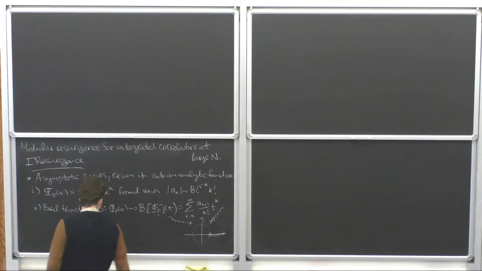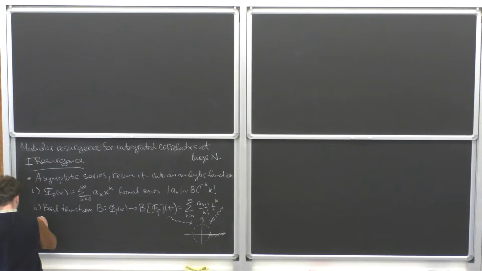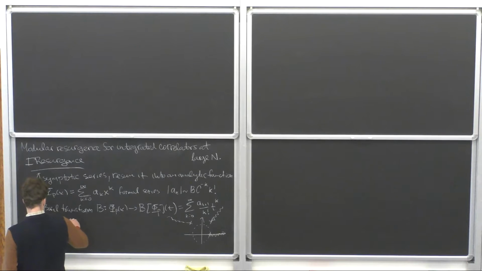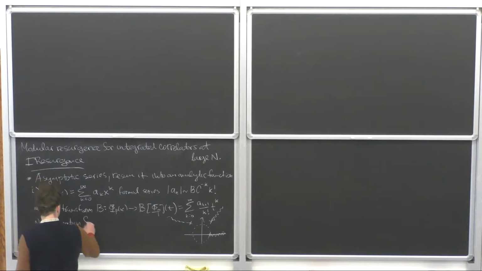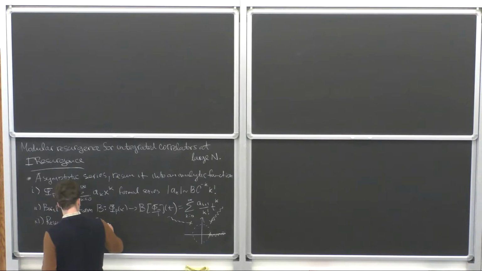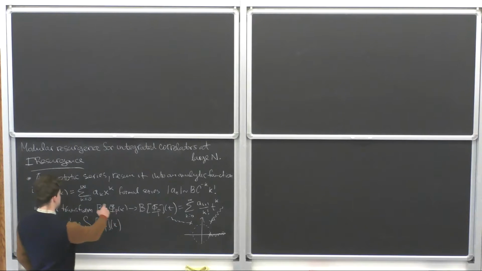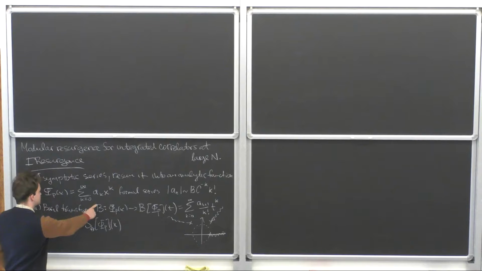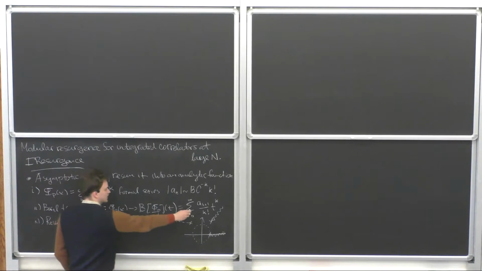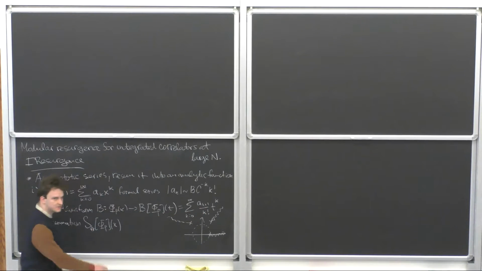And then the third step is to construct a resummation. This is a directional resummation, where again we take in this perturbative series, which will again be a function of x. You can see that in this Borel transform, we actually lost information about the 0th coefficient.